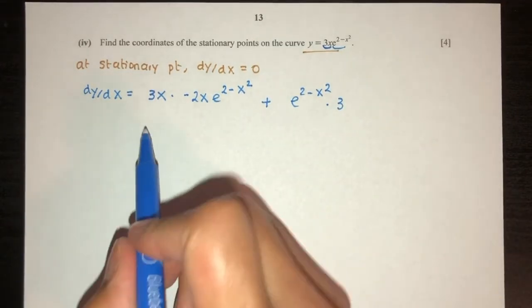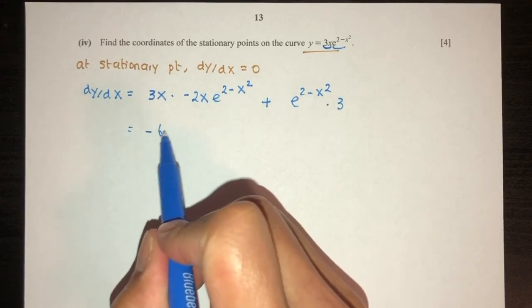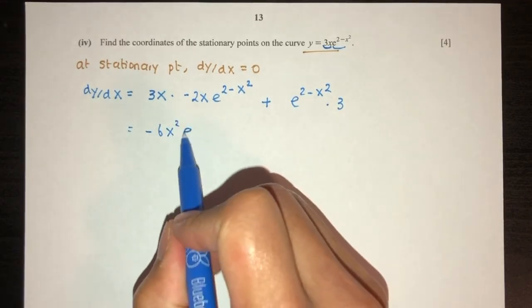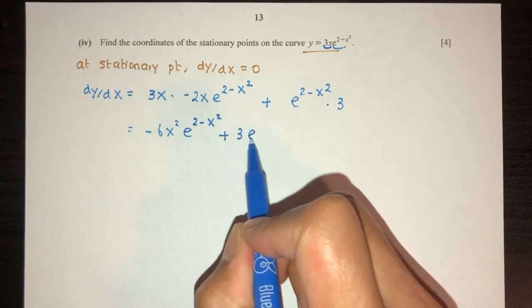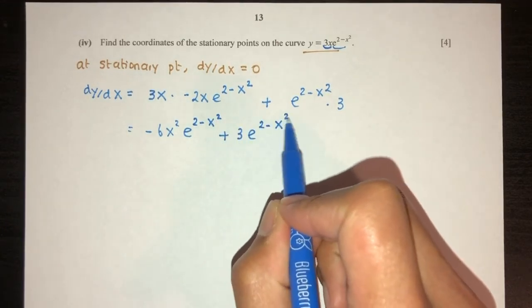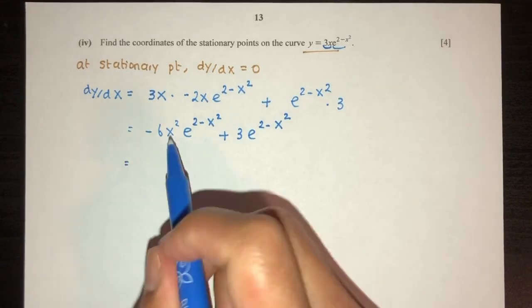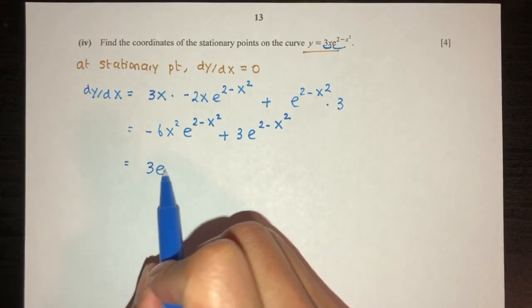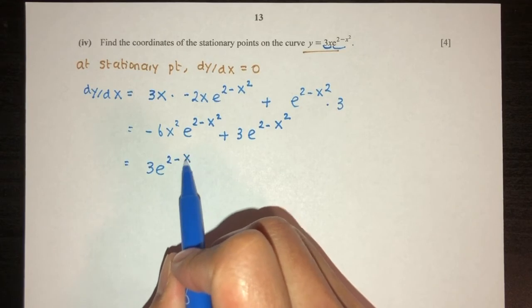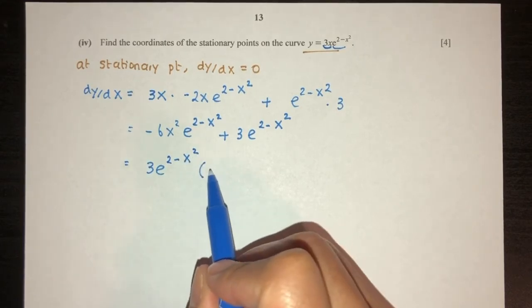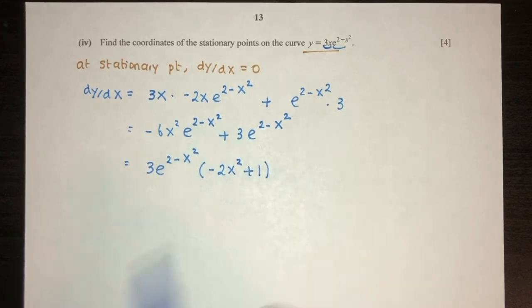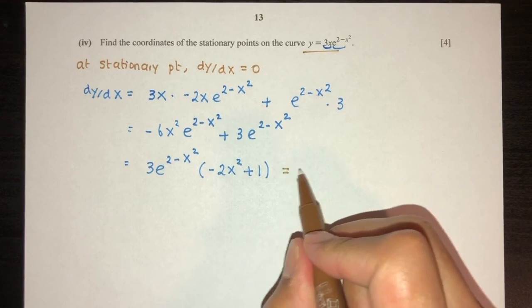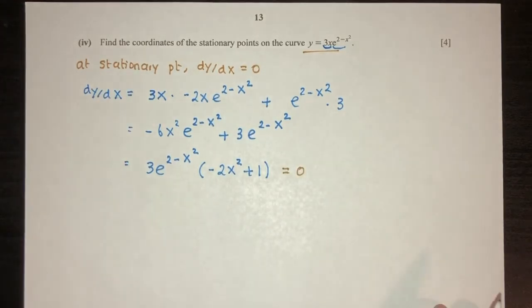You will have minus 6x squared exponential 2 minus x squared plus 3 exponential 2 minus x squared. Now factorize, you will have 3 exponential 2 minus x squared outside. That will become minus 2x squared plus 1, and we have to equate dy by dx to 0 to find your stationary point.